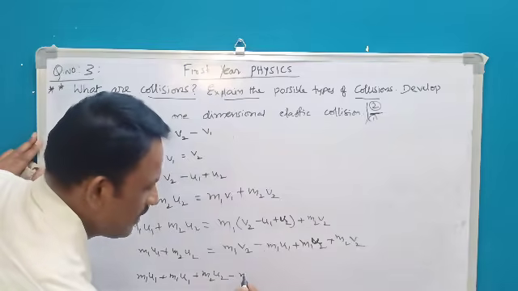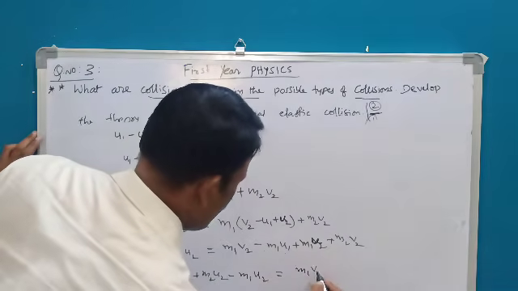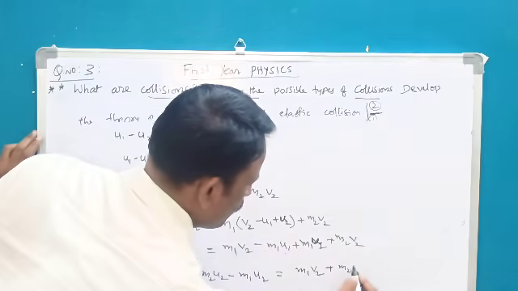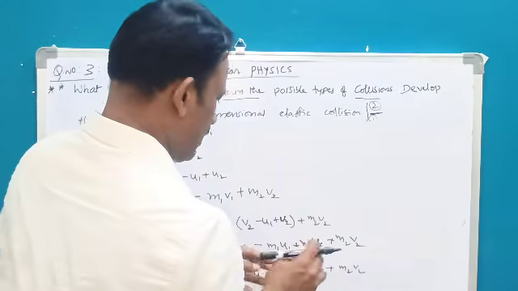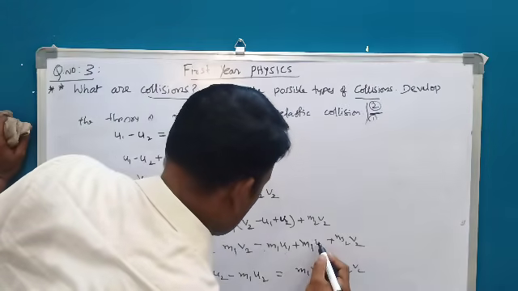So if it comes this side, m1 u2, so remaining terms are m1 v2 plus m2 v2. Okay, I am writing clearly this one, m1 u2.